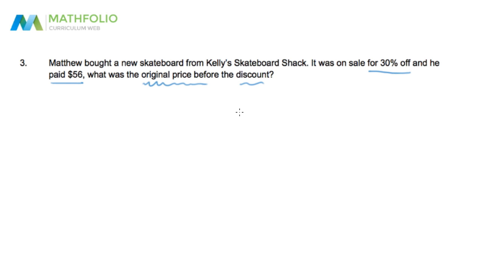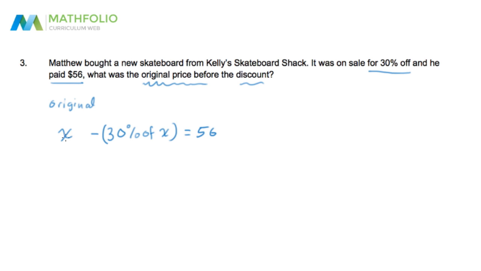So one way of doing this is to think, okay, what's the original price? Let's call it X. So X was the original price. It was on sale for 30% off. So we deducted 30% of the price, which was X. So we subtracted 30% of X. And then he paid $56 for it.